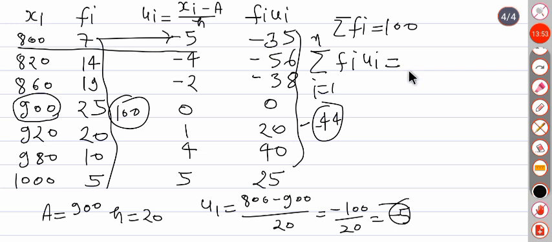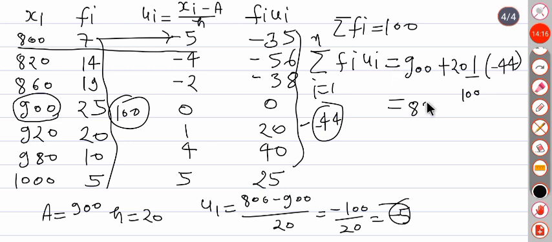Just plug in: a is 900 plus h, which I am keeping 20, times 1 upon N, that is 100, times minus 44, and that would be 891.2. This is how I have calculated the mean.